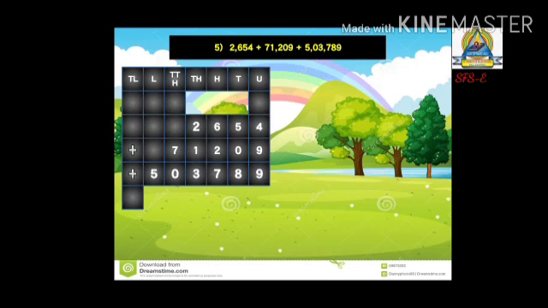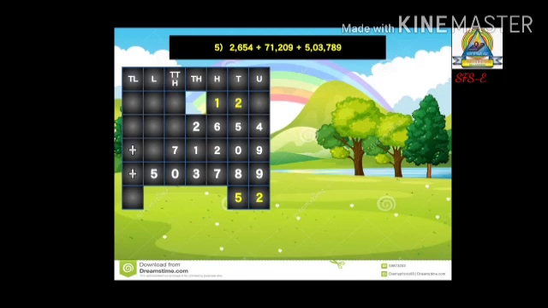Okay, now let's add. 4 plus 9 is equal to 22. So write down here 2 and carry over 2. Then 2 plus 5 plus 8 is equal to 15. So write here 5, carry over 1. Then 1 plus 6 plus 2 plus 7 is equal to how much?